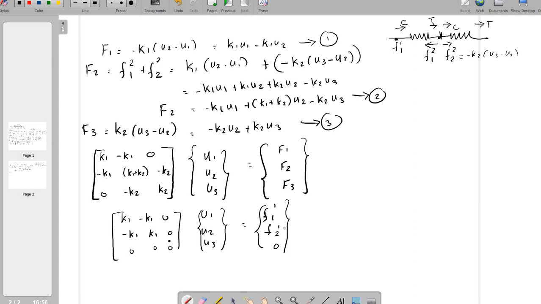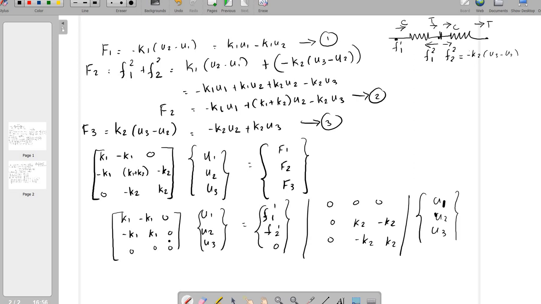The next one is 0, 0, 0; 0, K2, minus K2; 0, minus K2, K2, with U1, U2 and U3, and the force vector 0, F2 of 2 and F3 of 2. So this is the force vector.